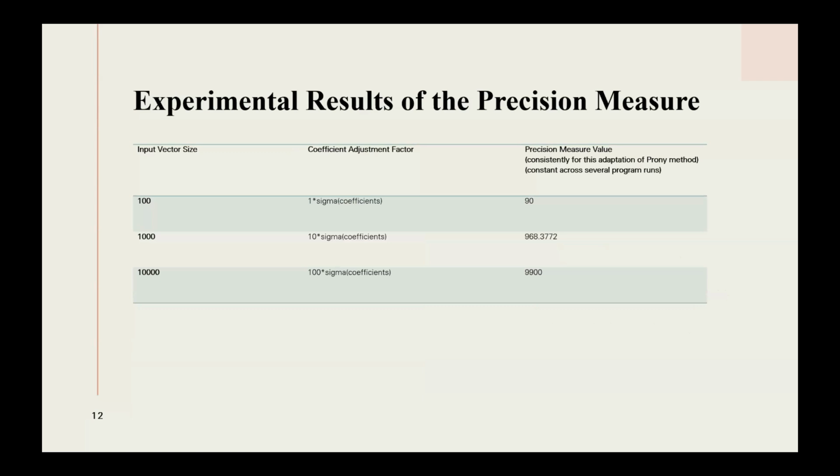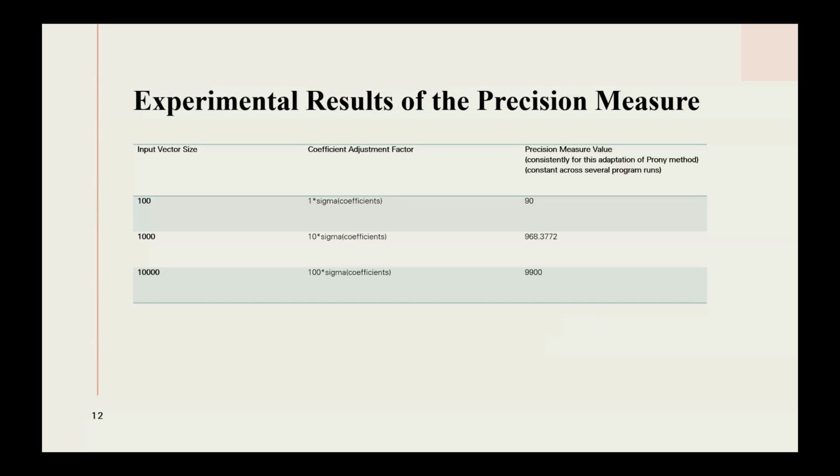The experiment results showed that when the input vector size is 100, and the coefficient adjustment factor, which is what we introduced as a nuance in this adaptation, is 1 sigma of the coefficients, you obtain a precision measure, which we defined just a minute ago, of 90.